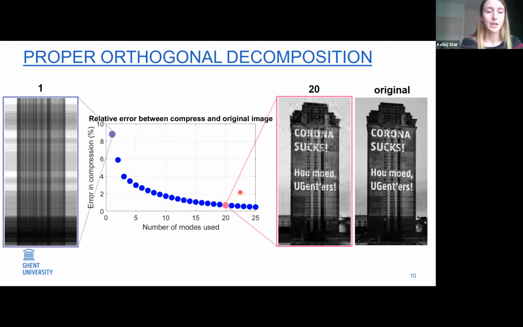At about 20 modes, I say, okay, I get to the core message. If I would add another mode to this basis of 20 modes, I get a bit closer to the original, but that extra information doesn't add so much to the analysis. So that's where I decide to truncate.